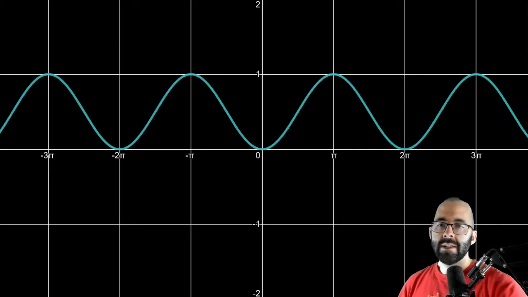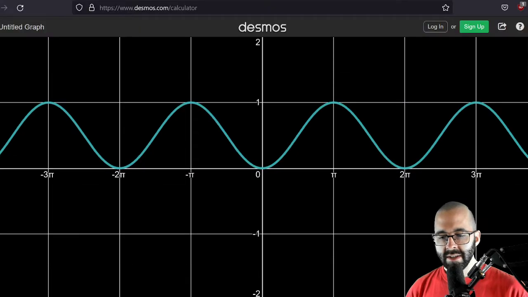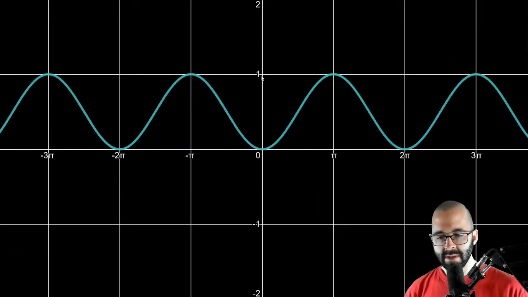So let's look at this. We're just going to have to find everything we need. Amplitude, period, phase shift, midline. Let's start with the midline here. I love starting with the midline. You can start with anything, honestly. The midline is where the middle is. So 1 is the maximum, 0 is the minimum. The midline should be right in that middle.